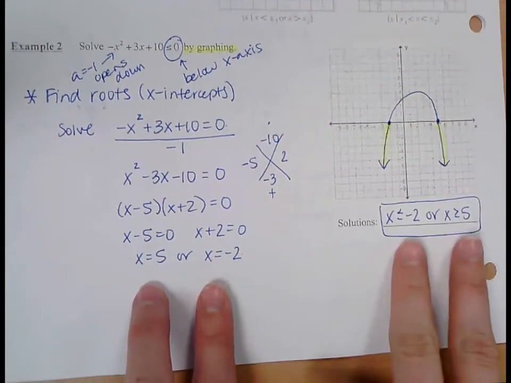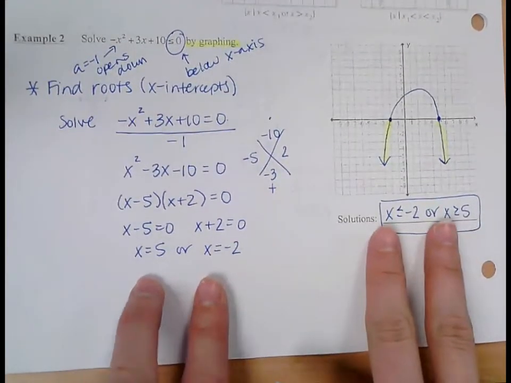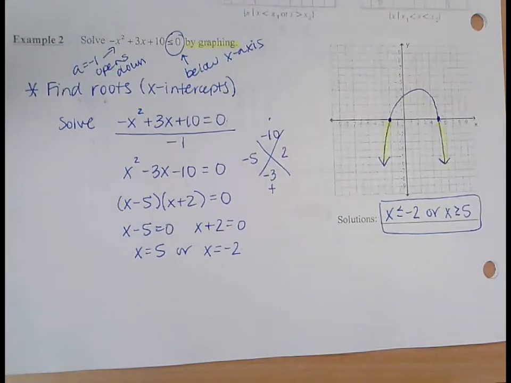So the -2 and 5 are part of your answer, but you need to know then what the compound inequality is, and that you can get from the graph. Is it the two ends, or is it the in-between x-intercepts portion? Okay, there's a lot of review, a lot of understanding that goes with that. Questions on 2.